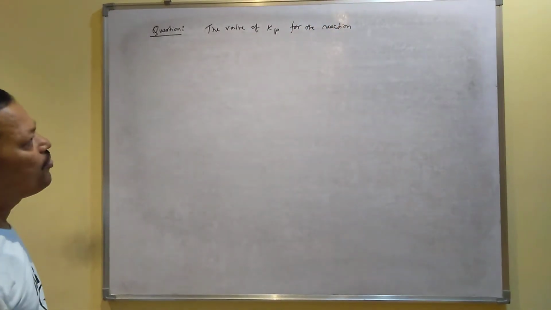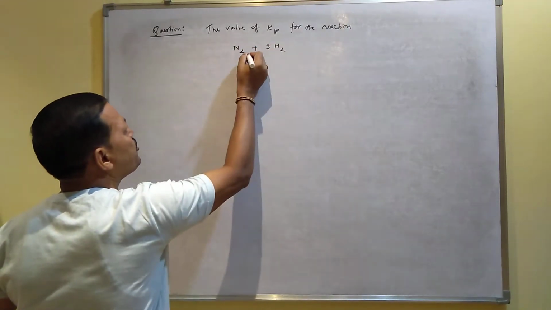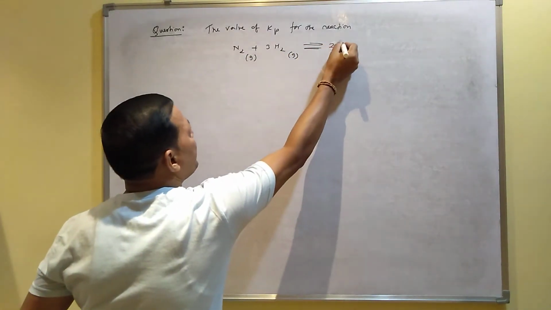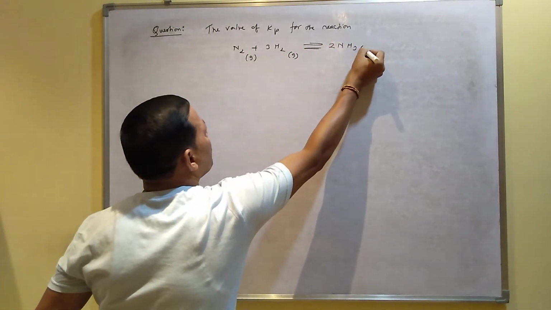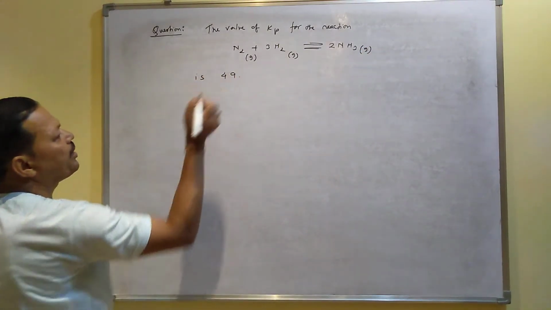the value of Kp for the reaction N2 plus 3H2, all are gases, gives 2NH3 gas is 49.